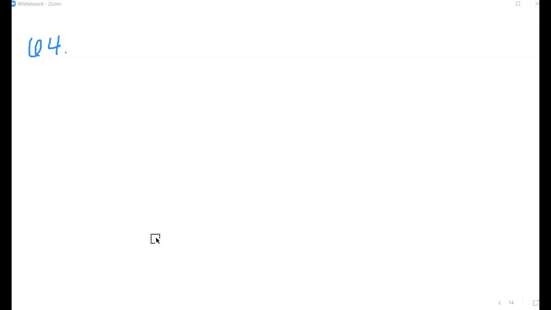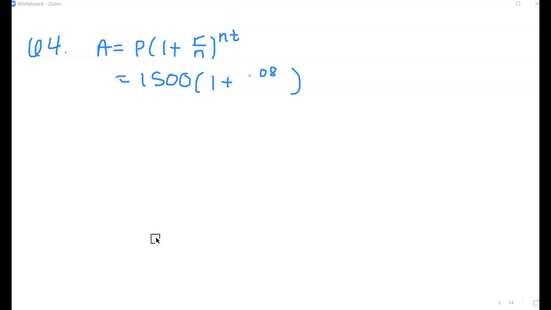So that is looking at our A equals P times 1 plus r over n to the nt. So the P is what they started with. So she started with 1,500. We're told that the rate is 8%, which is 0.08 going in for r. Now, n represents the number of compounds.